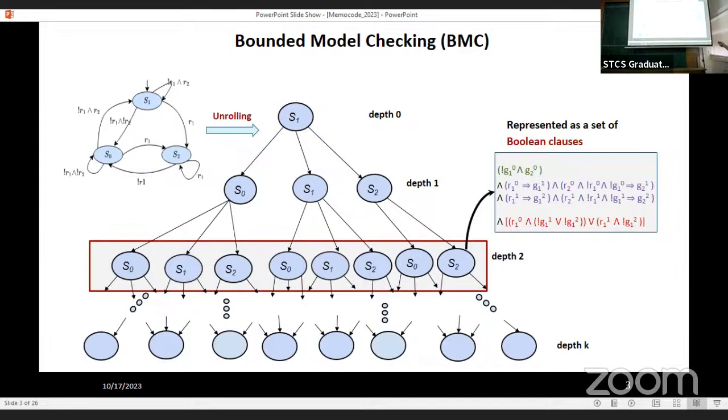The SAT solver gets a big Boolean formula where this represents the initial state, but the SAT solver doesn't know that. This represents the state transition system unfolded up to this depth. And this is what comes from the property that you want to verify, essentially the negation of the property.